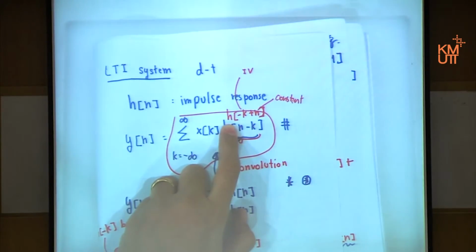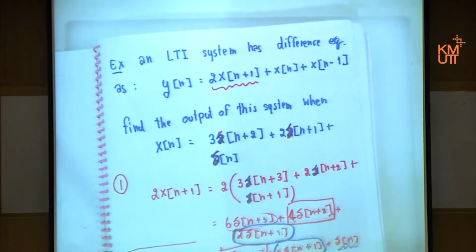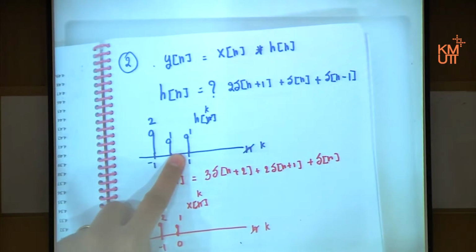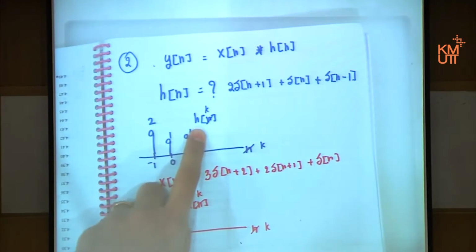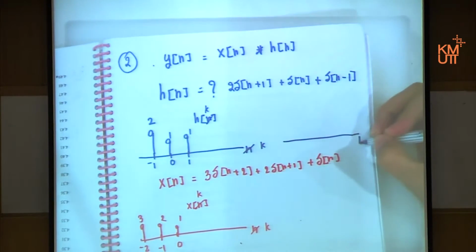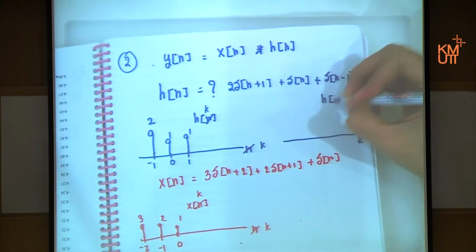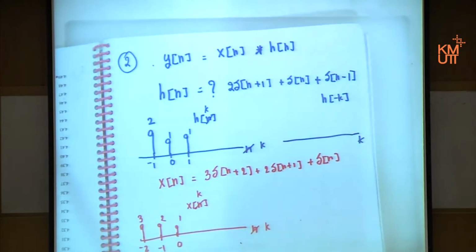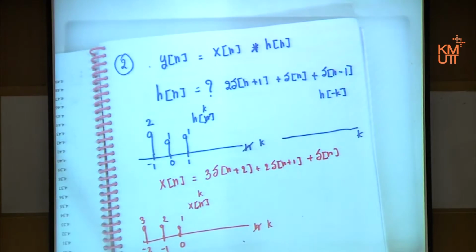You want to find h[-k], which means you need to flip this one, because this one is h[k]. So flip it: what will you get? What is h[-k]? Flipping operation: what picture do we get from flipping this one?